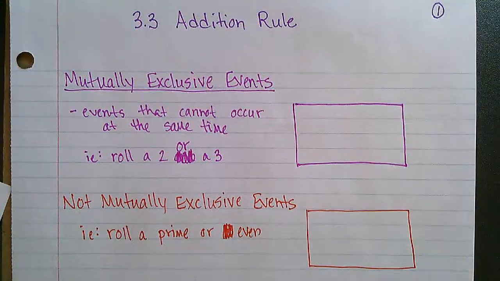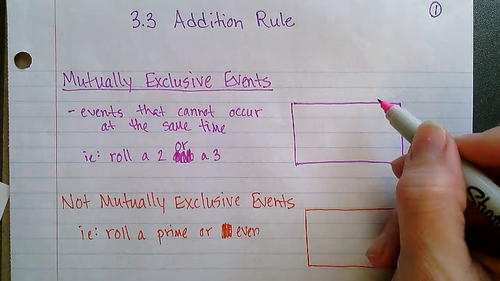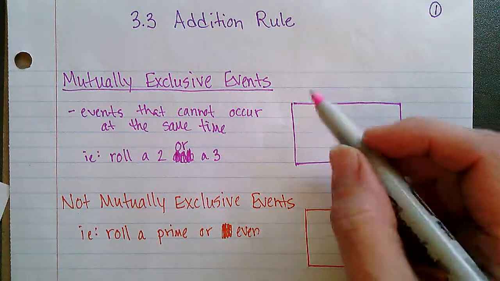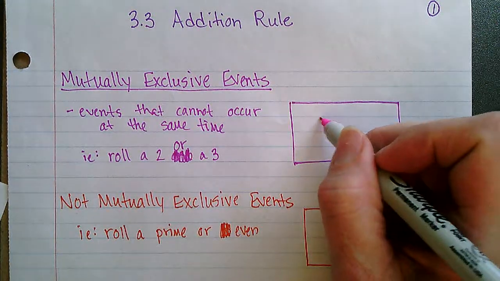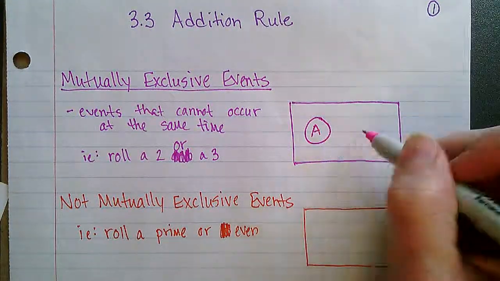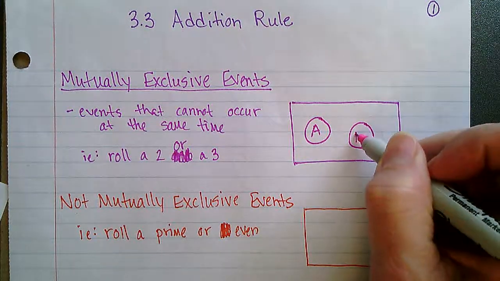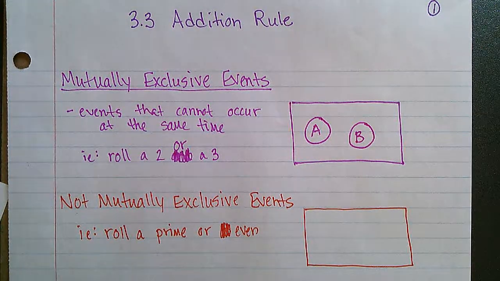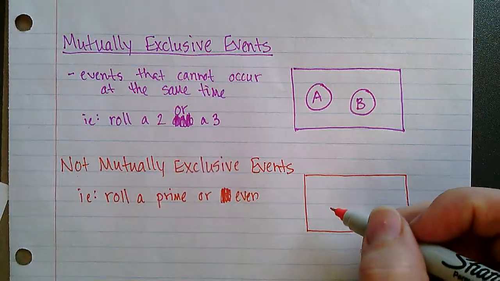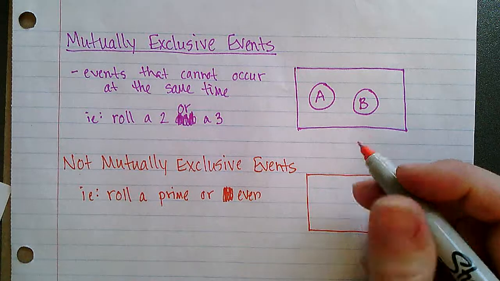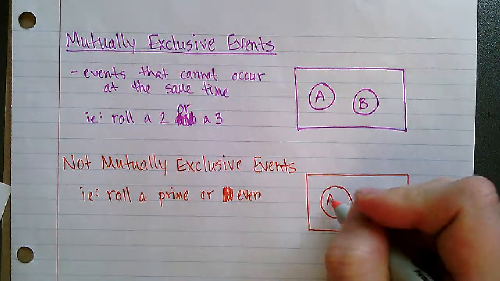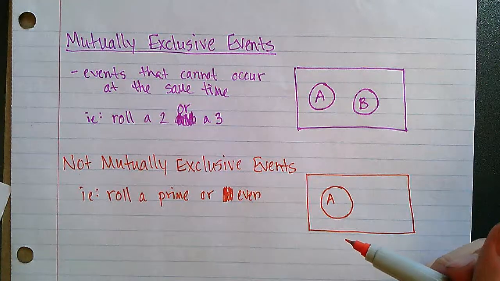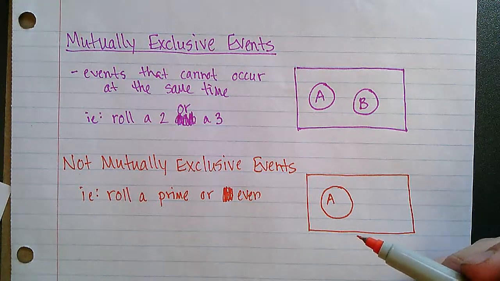So in my sample space of rolling a number cube, there would be 1, 2, 3, 4, 5, and 6. If event A is rolling a 2 and event B is rolling a 3, those two events cannot overlap. But if I have events that are not mutually exclusive, like rolling a prime or an even, then event A would be all the prime numbers, which would be 2, 3, and 5.